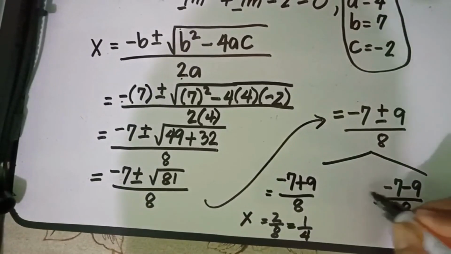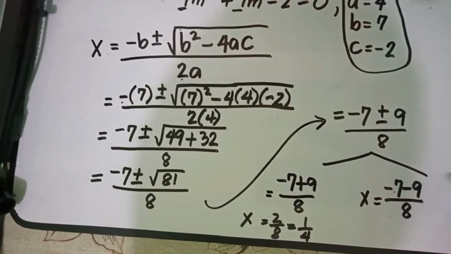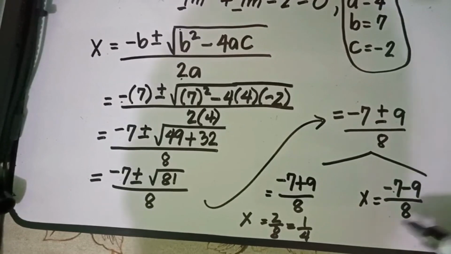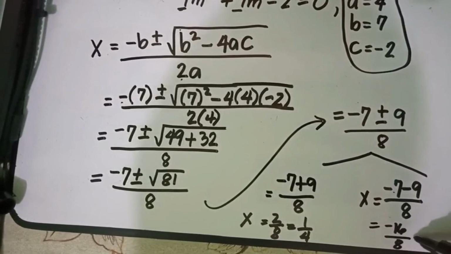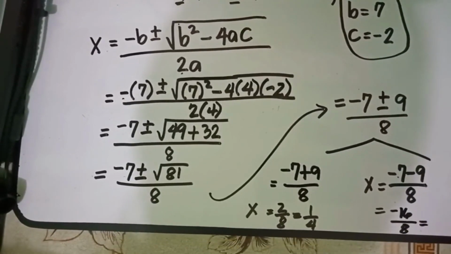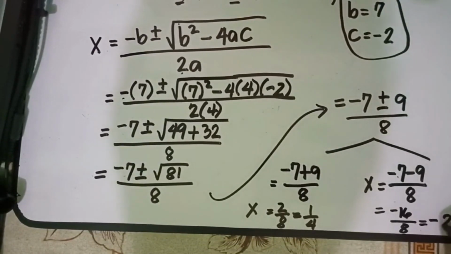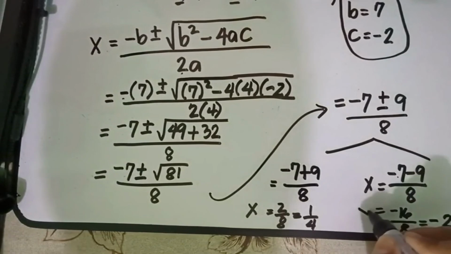Second value of x, we have negative 7 minus 9. So, we have negative 16 over 8. Negative 16 divided by 8 is negative 2. Okay?